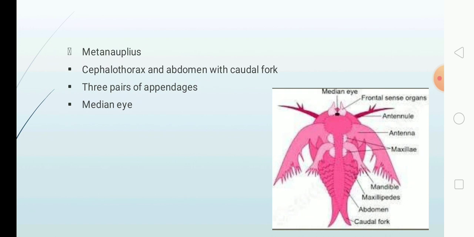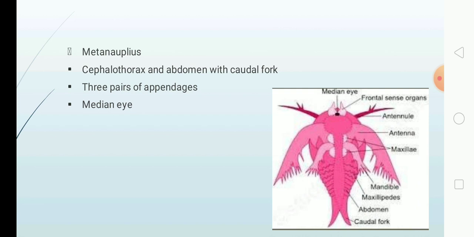This Metanauplius larva is the second larval stage after Nauplius, and it is found, for example, in prawns, the freshwater prawns or marine prawns, that is Penaeus. It develops from the Nauplius larva, and the body has an anterior cephalothoracic region and posteriorly an abdomen. This abdomen has a caudal fork similar to the Nauplius larva.